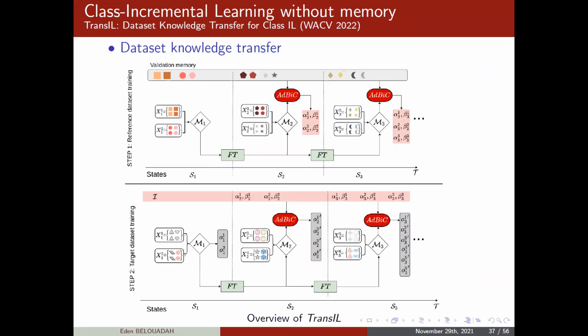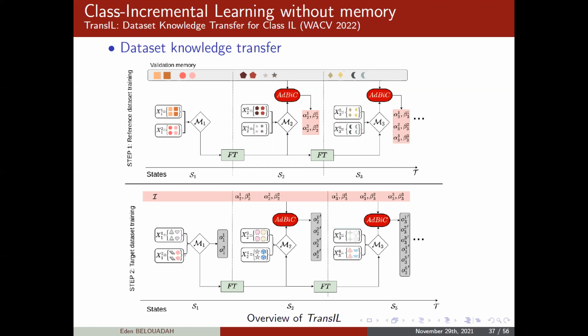Now, both BiC and adaptive BiC need a validation memory to estimate the calibration parameters. So how can we deploy them in a memoryless setting? The idea is to transfer the calibration parameters between one reference dataset and one target dataset. In the top figure, we can see the training on one reference dataset that we learn in an offline manner.